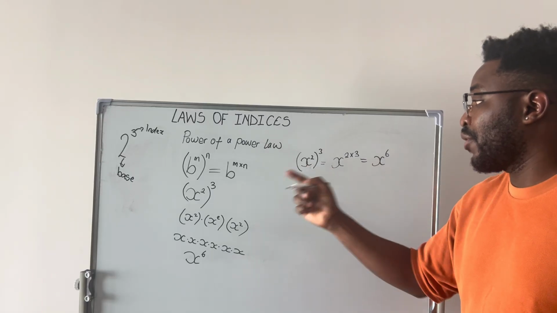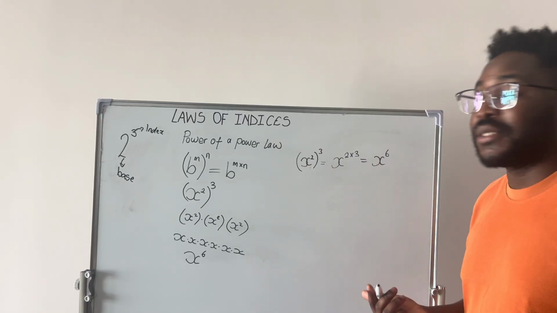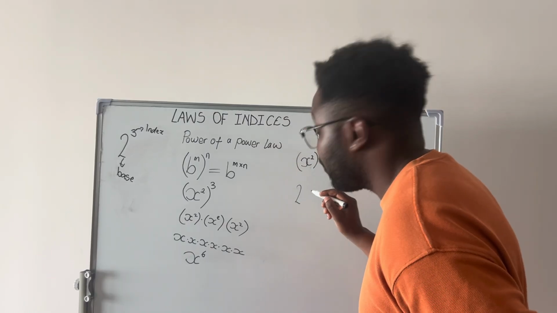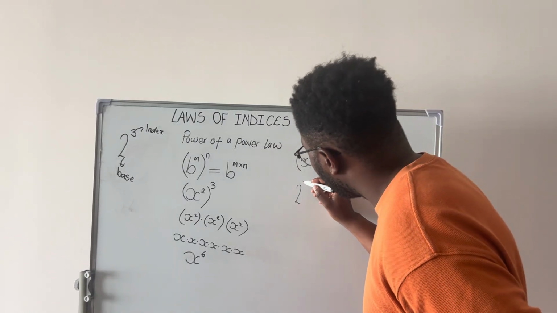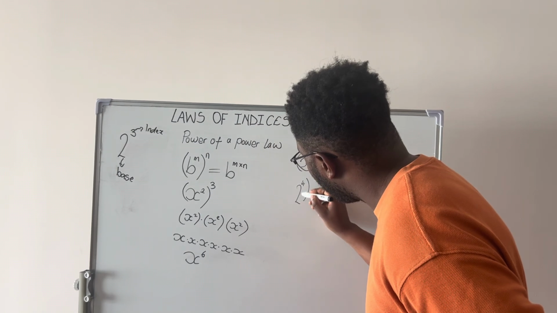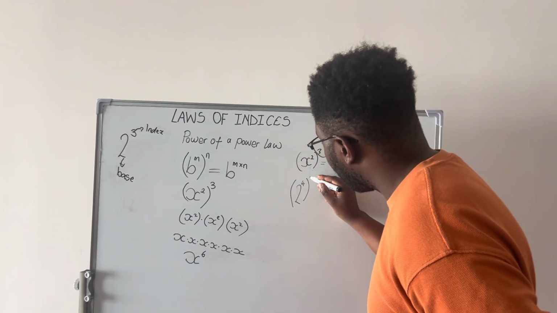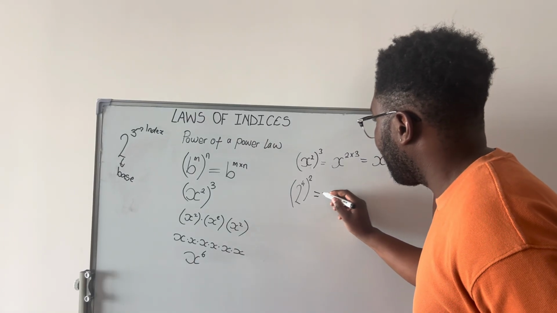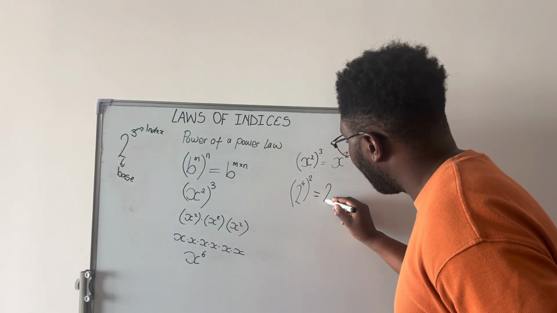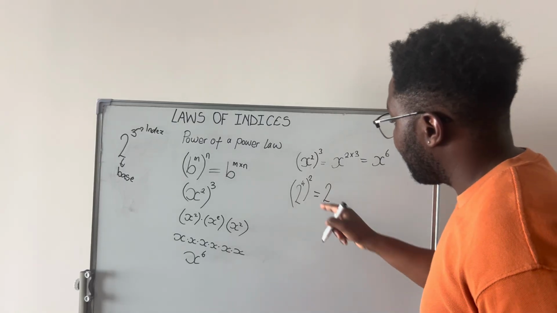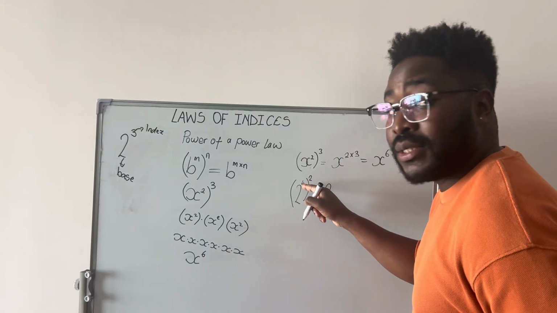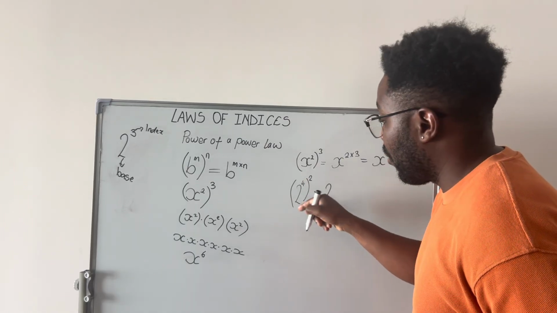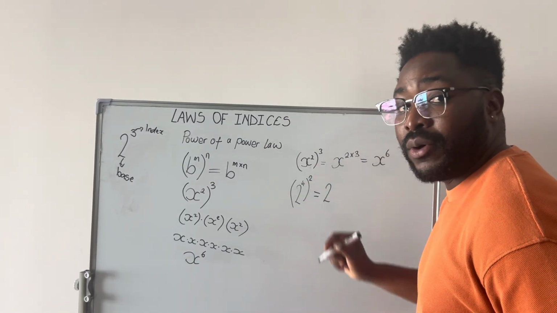We used a variable here, so let's try to use numbers. Let's take this example: 2 raised to 4, also raised to power 2. According to the power of a power law, the base is 2, and 2 is raised to the power 4, and this whole is also raised to power 2.